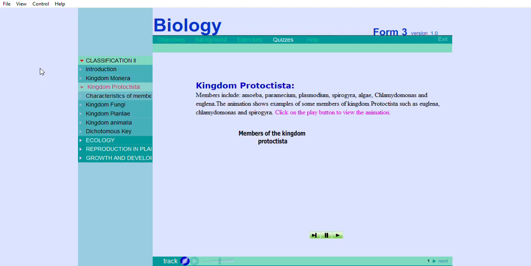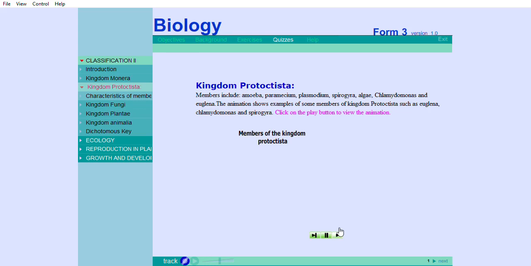Kingdom Protoctista. Members include amoeba, paramecium, plasmodium, spirogyra, algae, chlamydomonas, and euglena. The animation shows examples of some members of Kingdom Protoctista, such as euglena, chlamydomonas, and spirogyra.